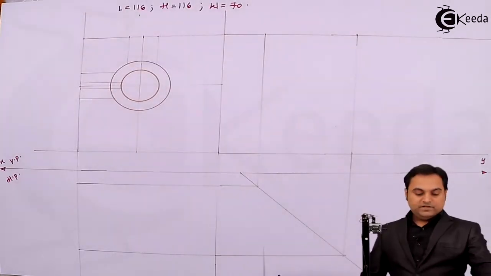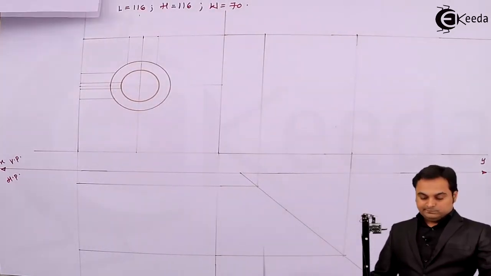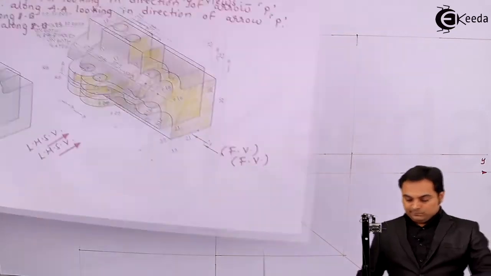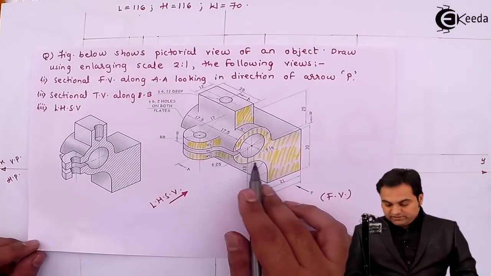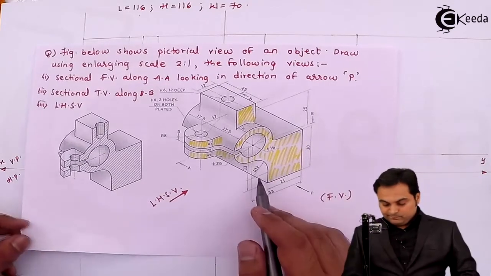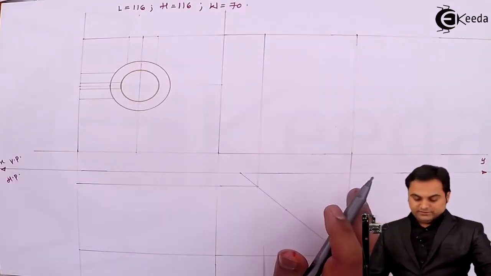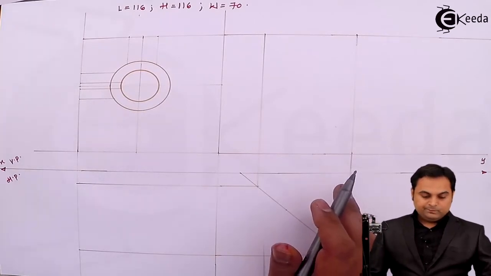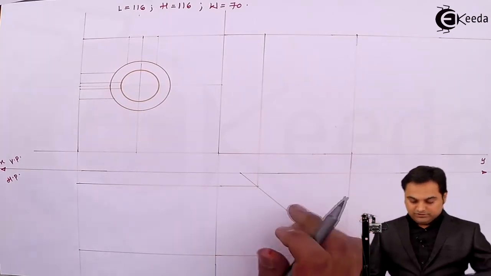Then after that, here there is a portion having radius 12 mm, so that will become 24 for us. And for that, it is a quarter circle.